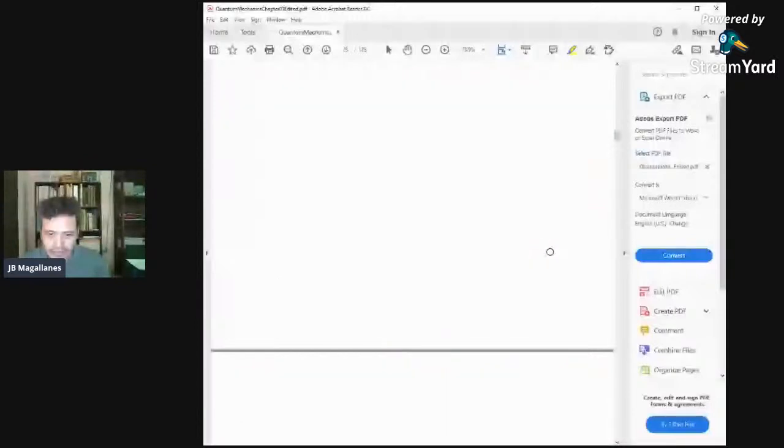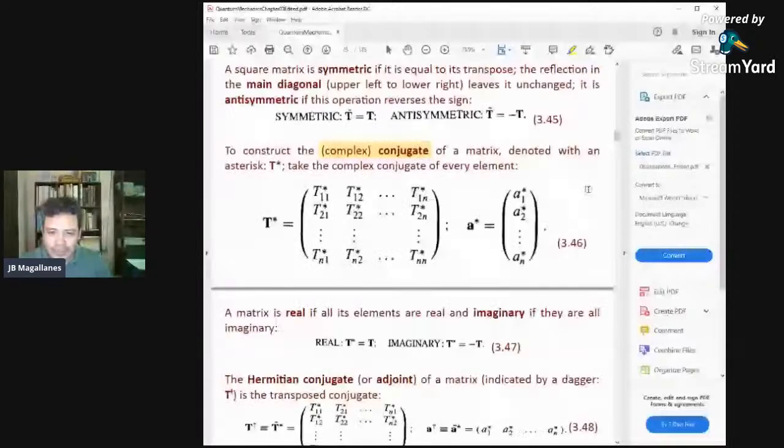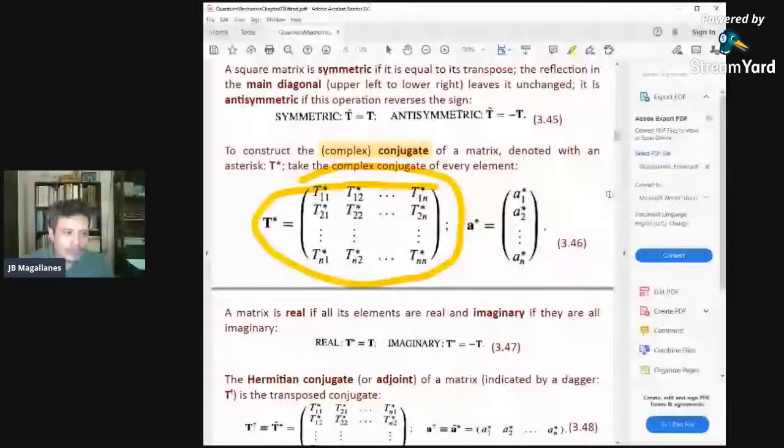There's also what we call the complex conjugate of the matrix. This is the original matrix, and the complex conjugate would just be this one, meaning substituting all the i into negative i, and all the negative i into i.